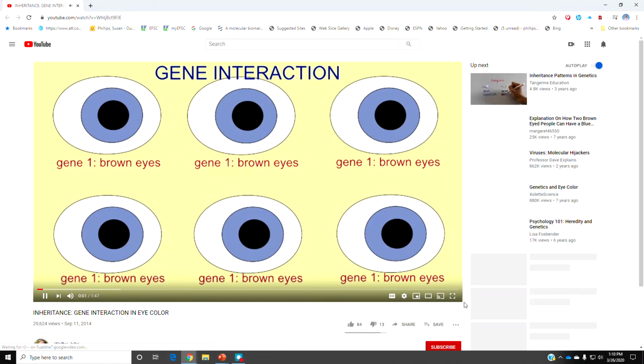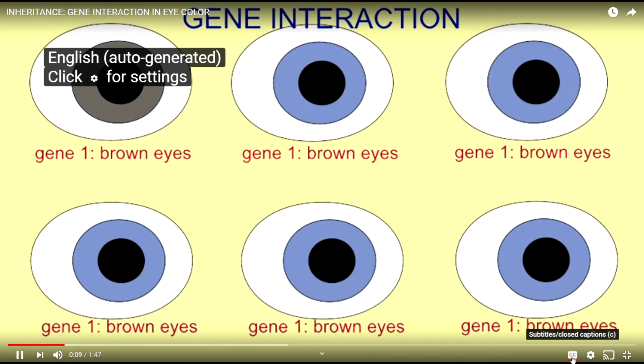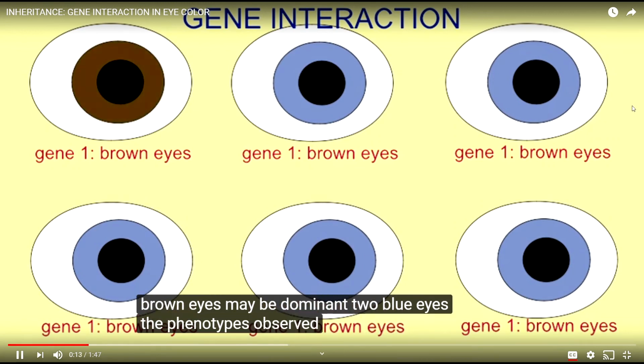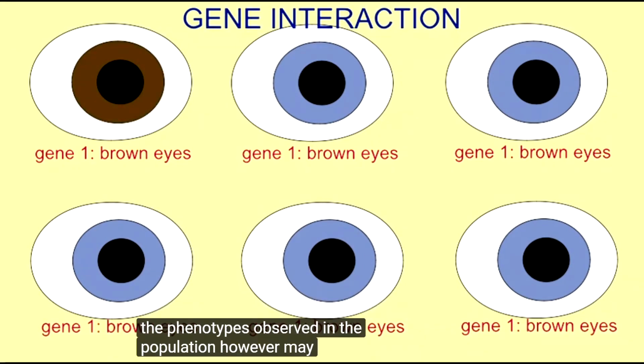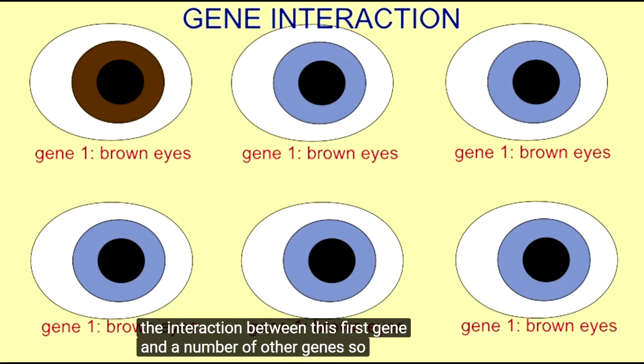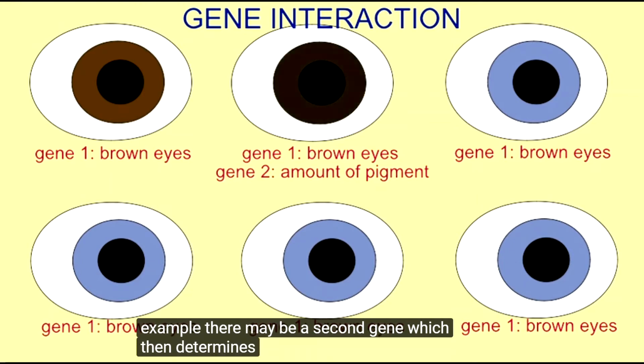Although for one particular gene, say for eye color, the relationship between alleles may be clear, so that, for example, brown eyes may be dominant to blue eyes. The phenotypes observed in the population, however, may be the result of the interaction between this first gene and a number of other genes. So, for example, there may be a second gene which then determines how much brown pigment is made.